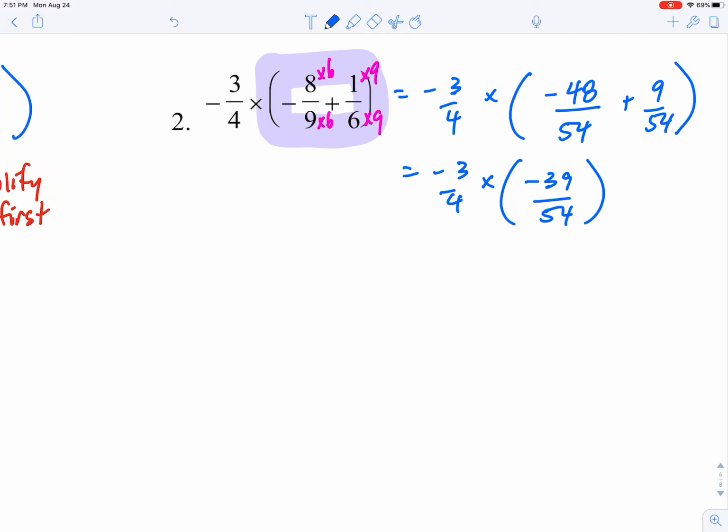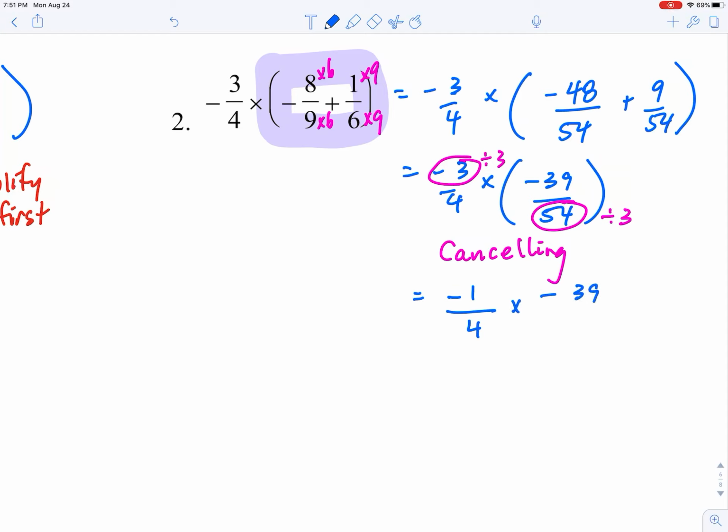So with the multiplying here, I'm going to do some canceling. That's where you have something up top, like this minus 3 and a 54. I can see I can divide them both by minus 3. So I would get minus 1 over 4 times minus 39 over 54 divided by 3 is 18.